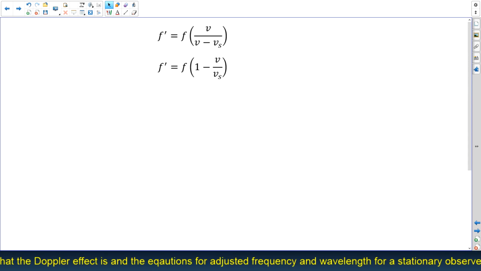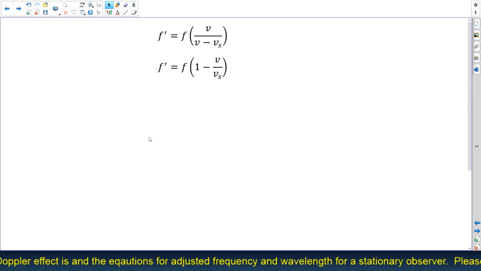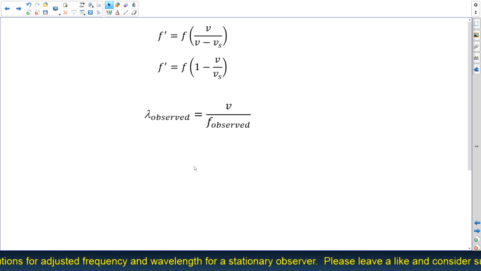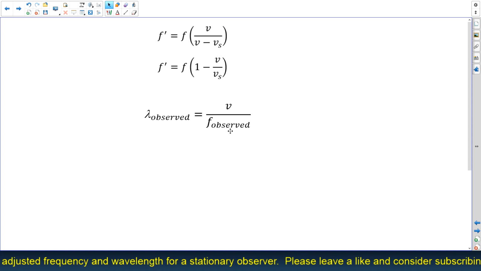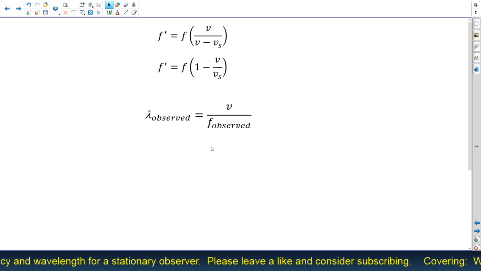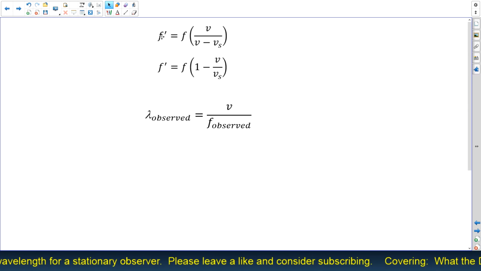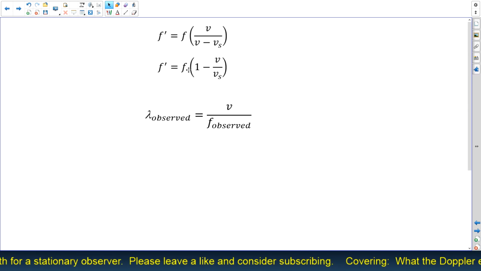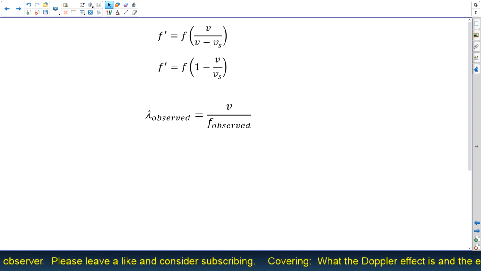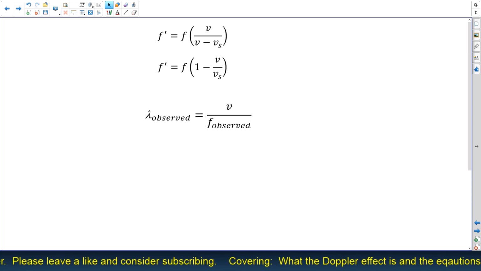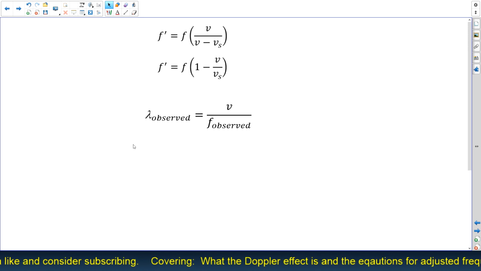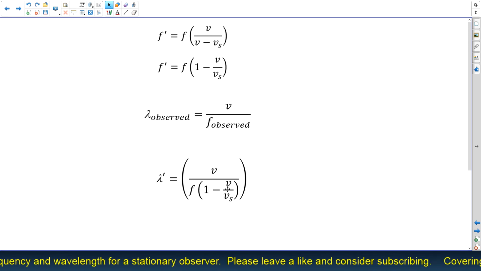Okay, now for lambda, it would have to be true. In fact, it is true from our previous work that lambda observed is going to equal v over f observed. Notice that it still remains as v because the speed is constant for everything. We now have f observed. We have both of these equations that we want to use. So I'm just going to replace f observed with this on the bottom line. Okay, and instead of lambda observed, we're of course going to call that lambda dash from the word go to save us writing the word observed all the time, which is just annoying.